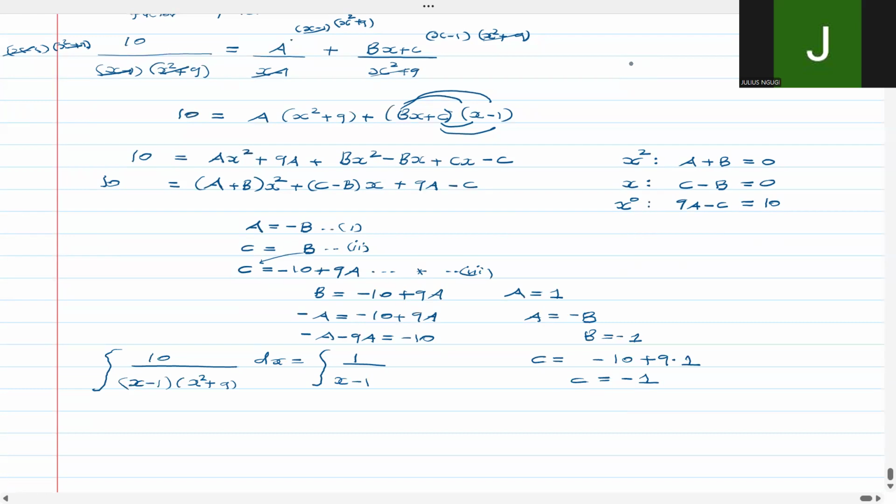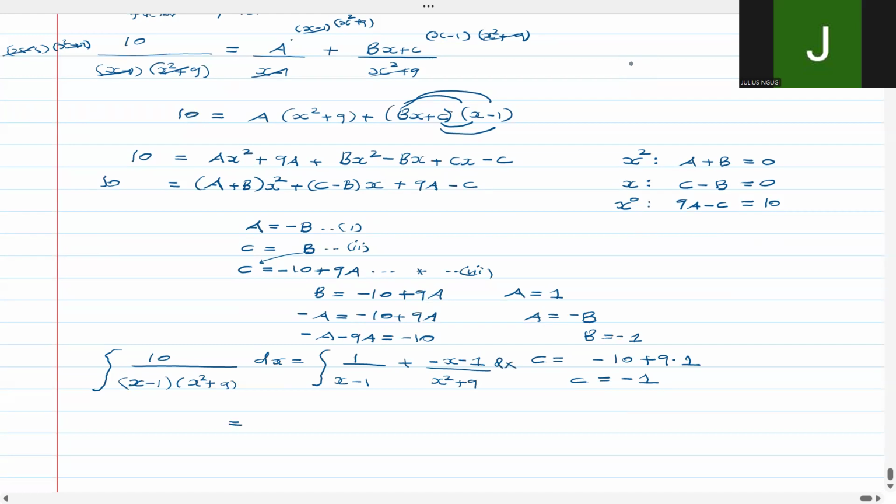Then the other one, b is minus 1, so I have a minus x, and c is still a minus, so minus 1, all divided by x squared plus 9, and then all that with respect to x.